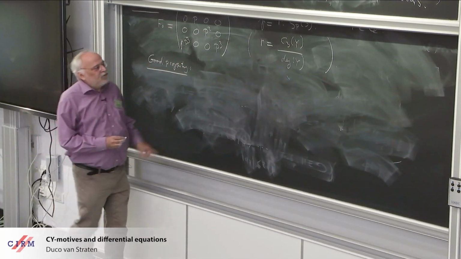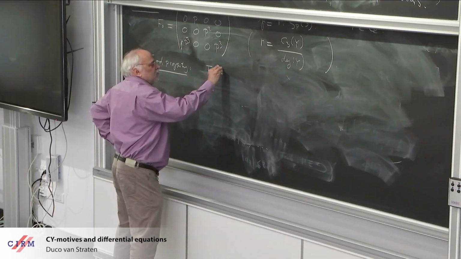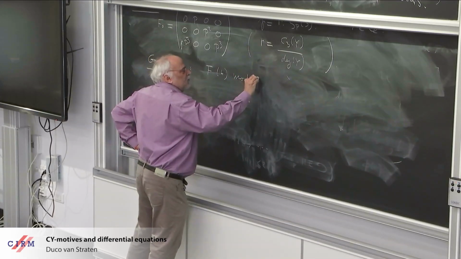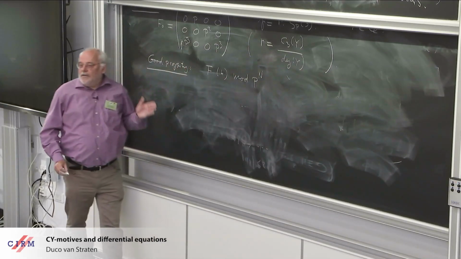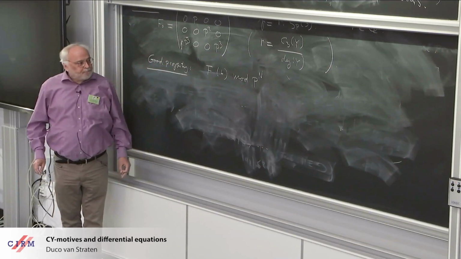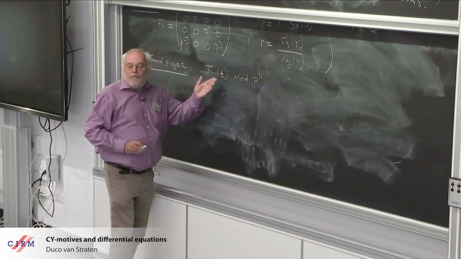The good property is that if you look at that matrix, it's a matrix of p-adic numbers. No, with rational numbers.